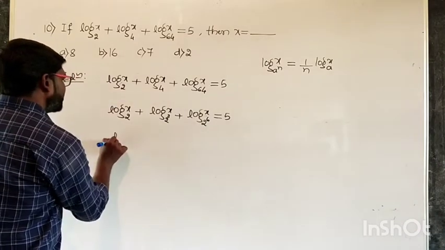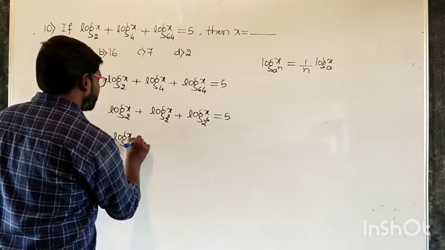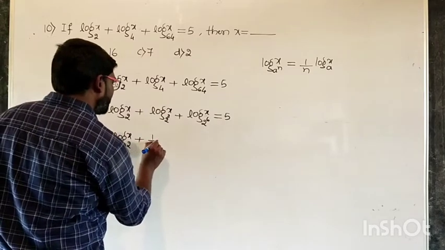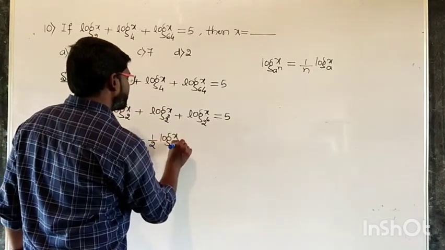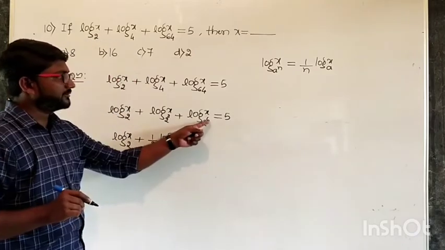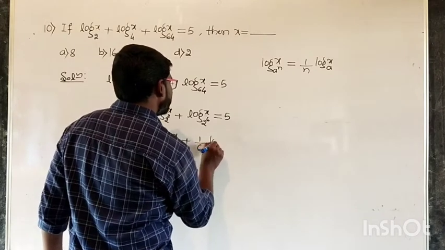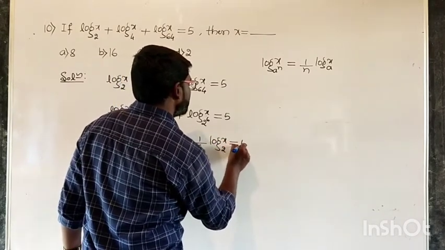So I write this as it is: log x to the base 2 plus, 1 by n, n value is 2 here, so 1 by 2 into log x to the base 2 plus 1 by 6 into log x to the base 2, which is equal to 5.